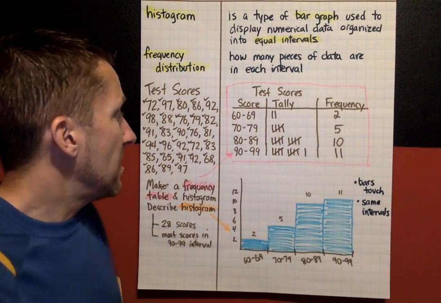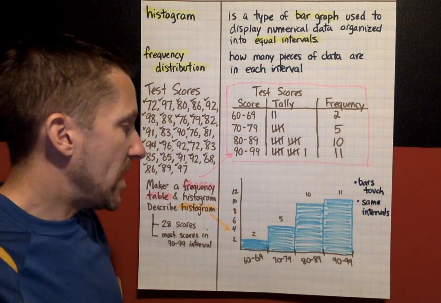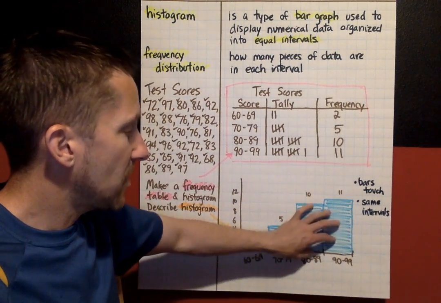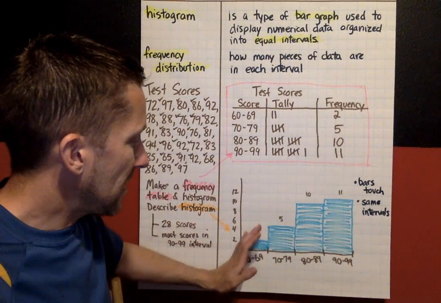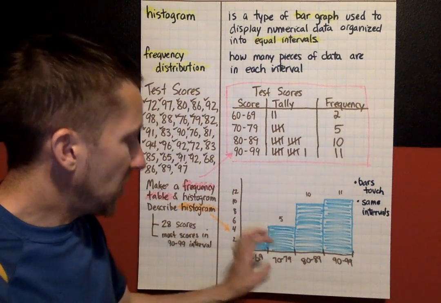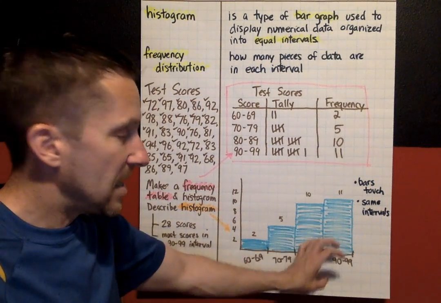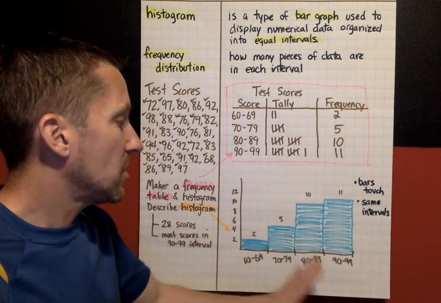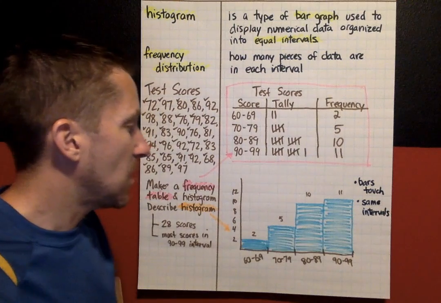One thing I do want to point out is this. You can see some good visual information from a histogram. You can see how many chunks of scores are within intervals, and it's very easy to see where most scores fell. Like on this one, this is the tallest bar.